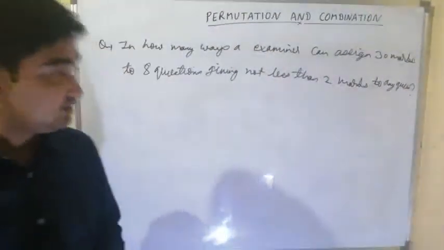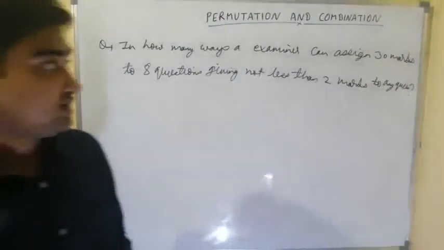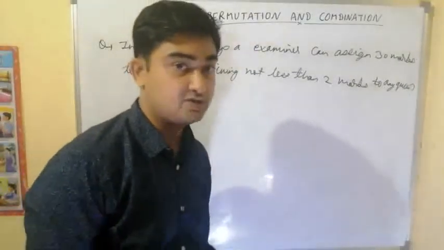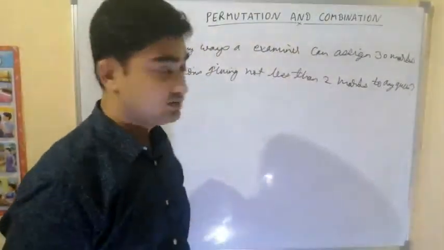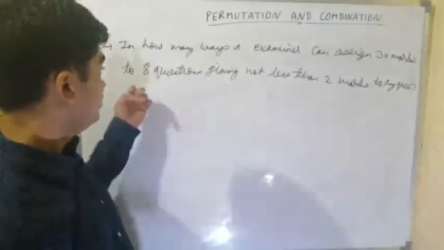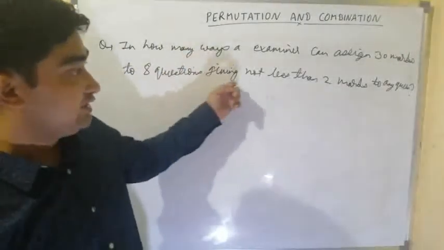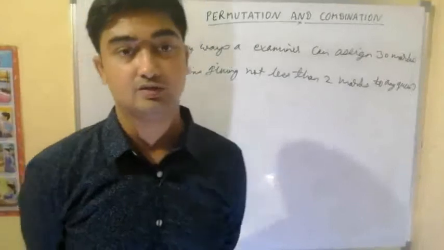So the problem is, in how many ways can our examiner distribute 30 marks to 8 questions, giving not less than 2 marks to any question.